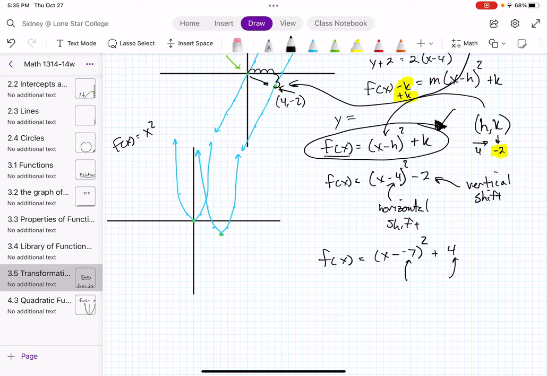This means 4 steps up. Now please do note that we would in fact simplify this to be plus 7. So it'd be x plus 7 squared plus 4. That's going to be a parabola moved 7 steps to the left and 4 steps up. You can move a parabola anywhere you want on the entire graph, on the entire grid, by simply adjusting what you're adding and subtracting from your x and y values.